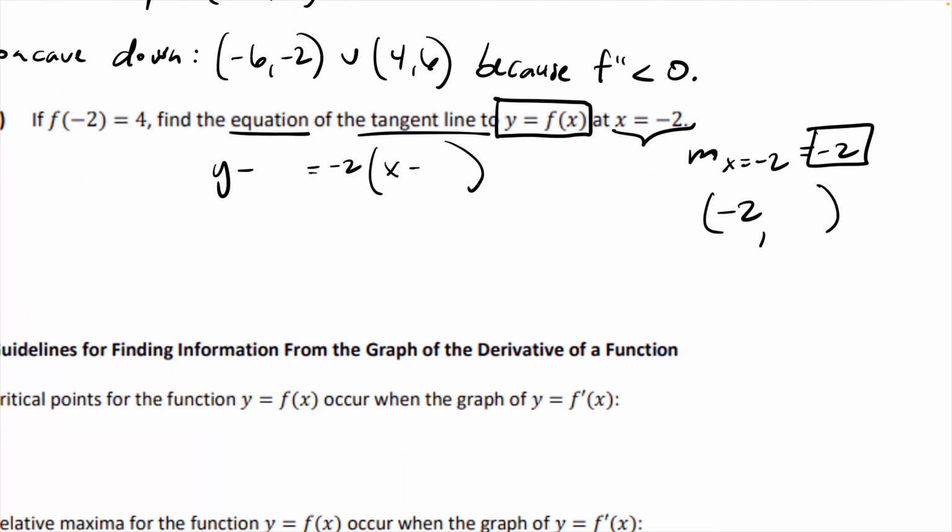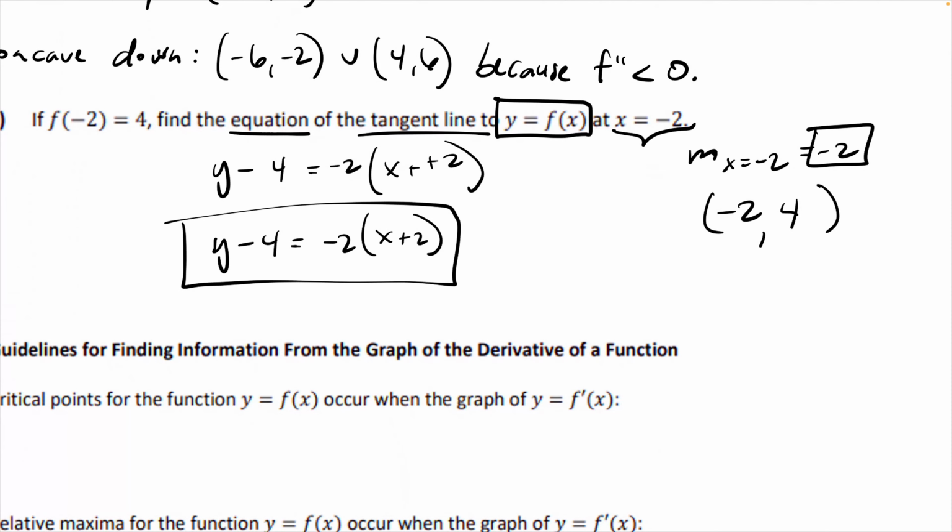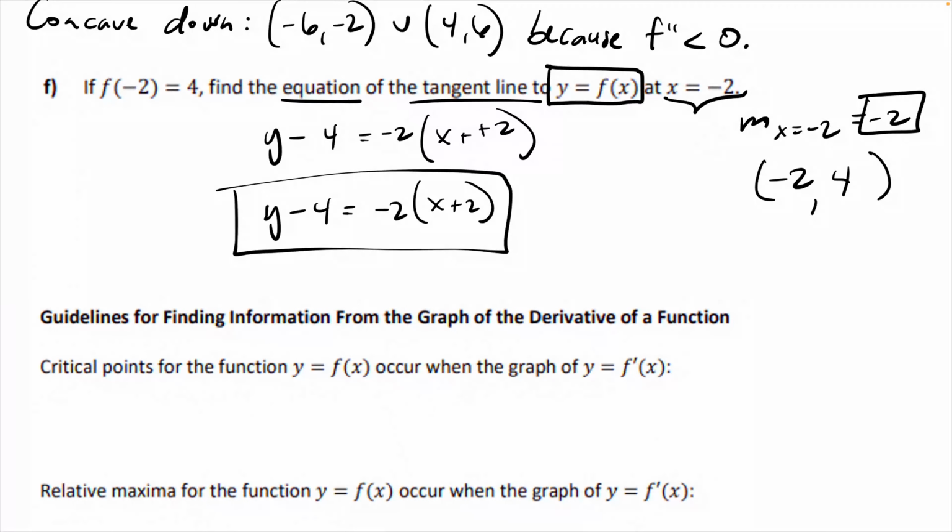Because f at -2, they told you. x is -2, y is 4. So x goes here, y goes here. So it would be x plus 2. So it's y minus 4 equals -2 times (x plus 2). Done. We didn't have to do any calculations.